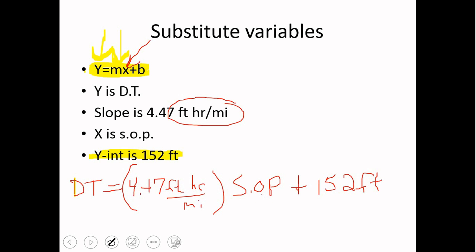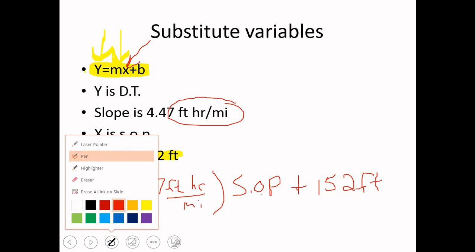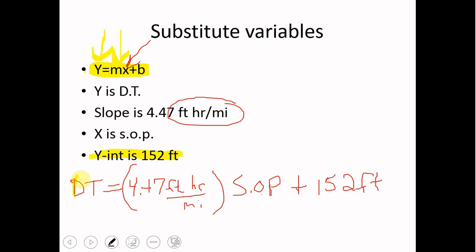Okay, so notice it takes a jump here. I'm going to highlight these. I always do this. So we have no units here. Yes units here. See that? Yes. No. And then yes units.